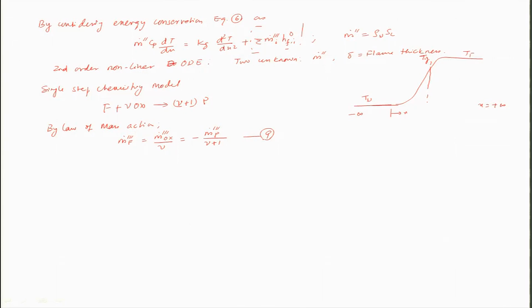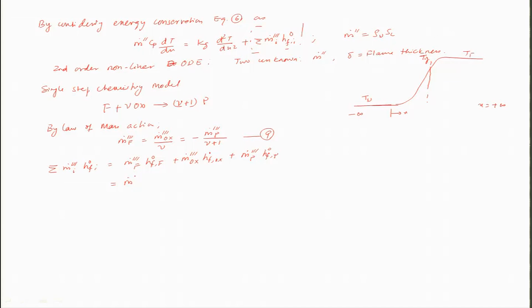Right. So, now let us look at this term: the sum of m dot triple dash i h f i naught is equal to m dot triple dash F h f F plus m dot triple dash oxidizer h f oxidizer plus m dot triple dash product h f product. Now, I will use equation 9 and substitute.